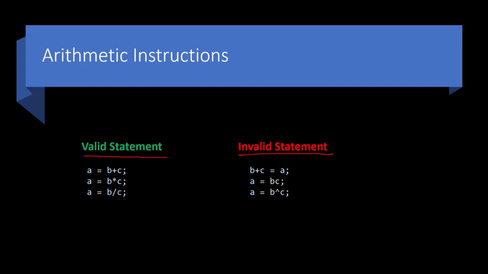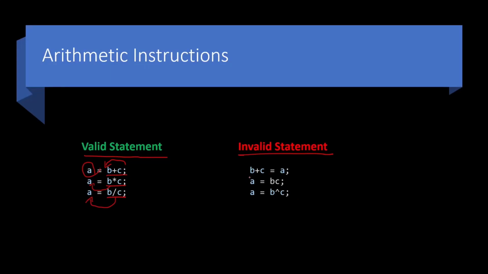Here first we have to perform the arithmetic operation and store it in a variable to check the value of the operation. Here we do b plus c, and after that we assign this value to our variable a. Similarly here we multiply b into c and store it in variable a, and we divide here and store it in variable a.